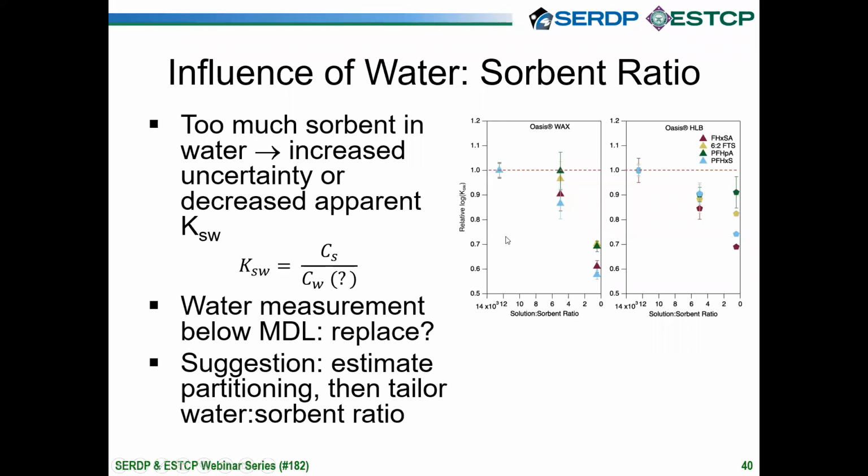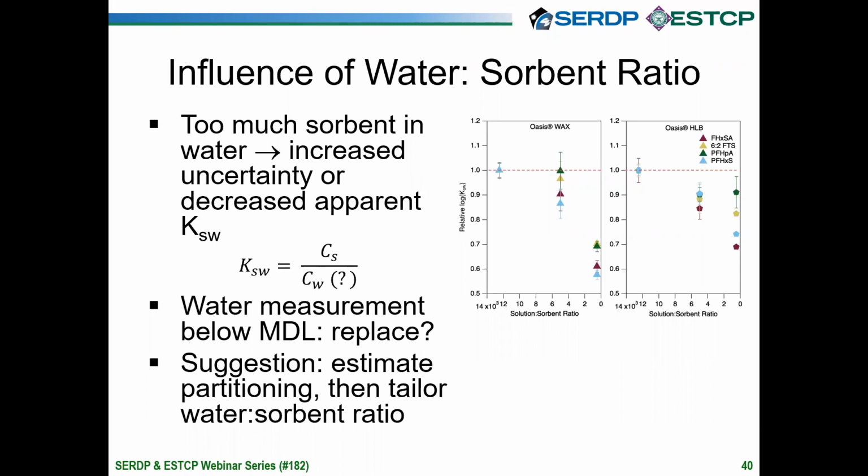And so the graphs on the right basically show you Oasis WAX on the left and Oasis HLB on the right. And to the left of each of those panels is a blue triangle. That's the reference state, what we think of as the best available partitioning constants. And then as you increase the amount of sorbent, or decrease the amount of solution relative to the sorbent, you start seeing deviation from good partitioning constants.